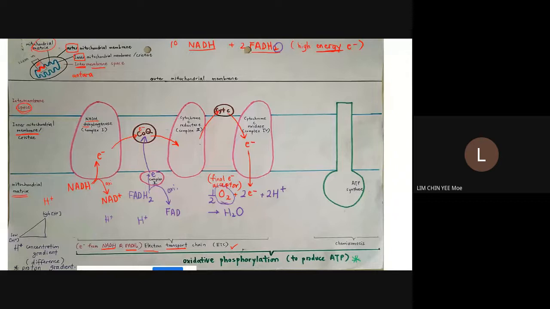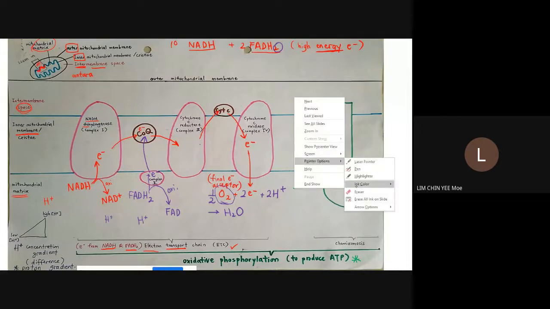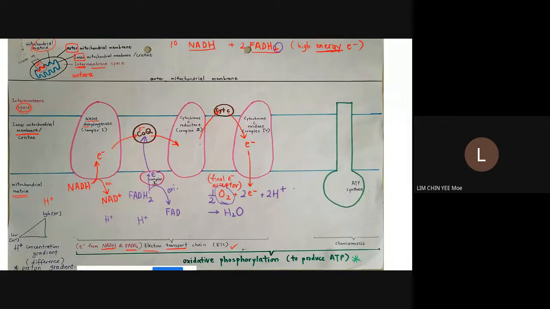Kenapa kita namakan ini oxidative phosphorylation? Sebab cara kita produce ATP ini melibatkan redox reaction. That's the reason why we call the name as oxidative phosphorylation. So now, during redox reaction, dia akan ada electron transport. When the electron transport akan ada energy release.